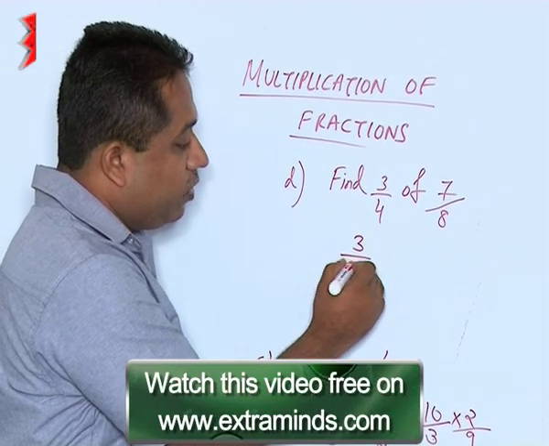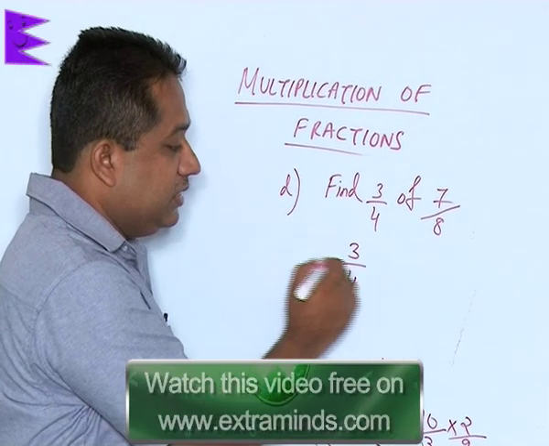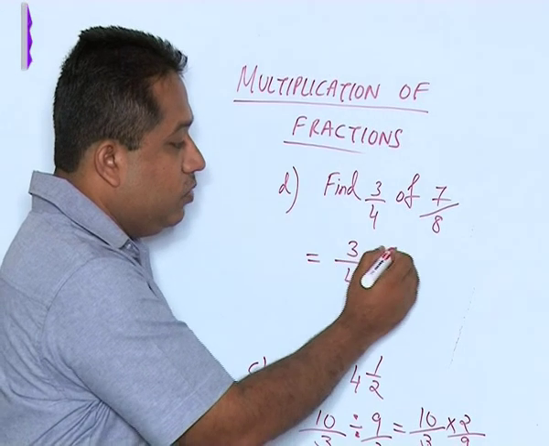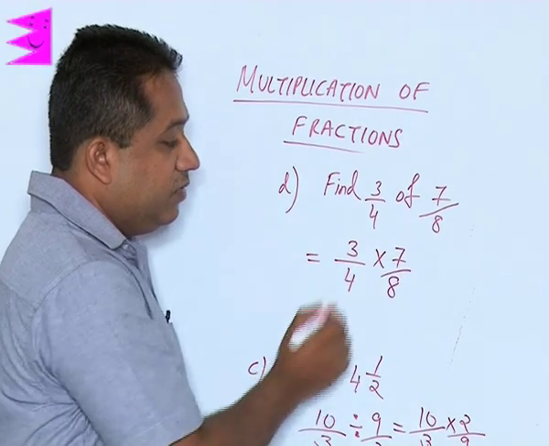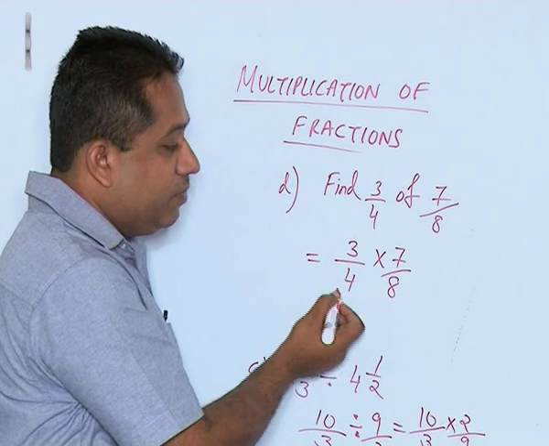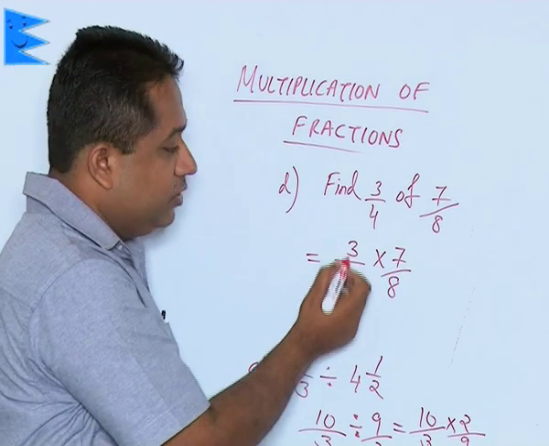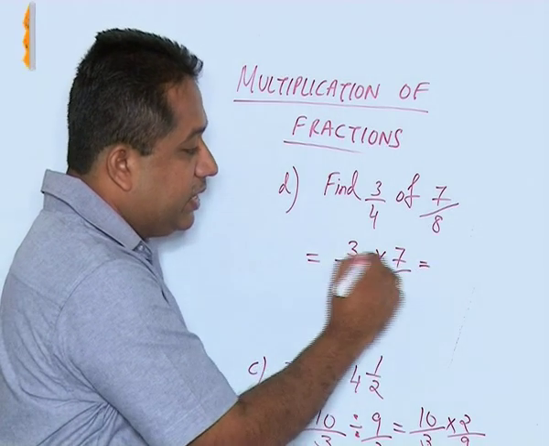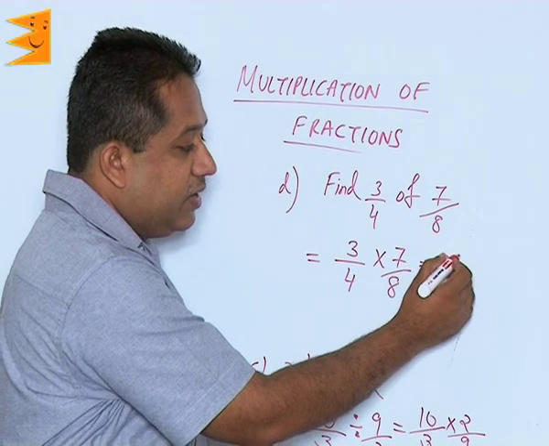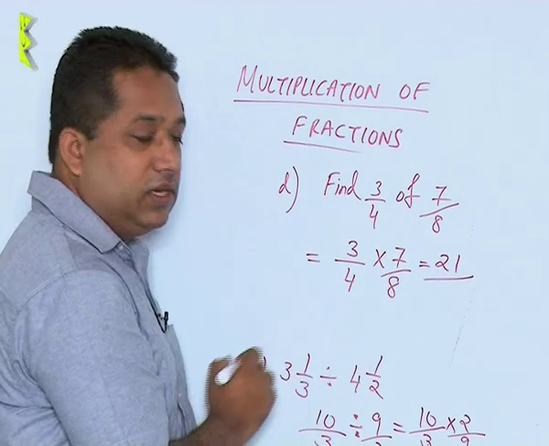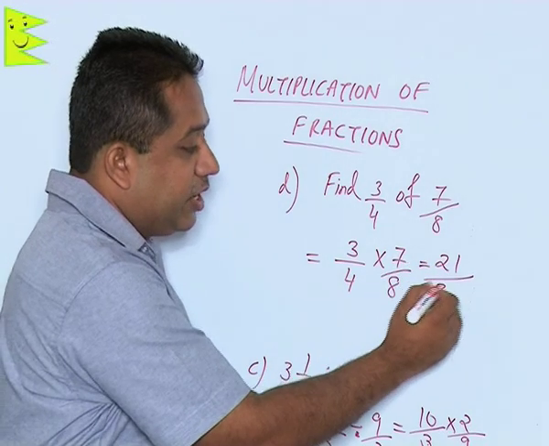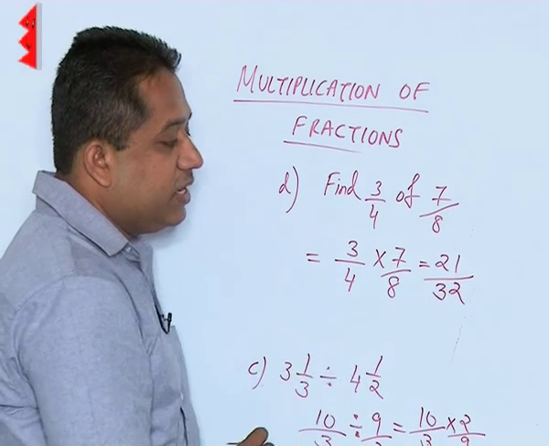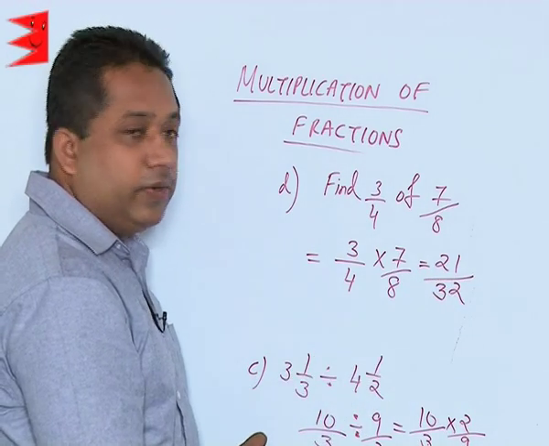So, 3 by 4 of 7 by 8 implies 3 by 4 into 7 upon 8. We see that numerator and denominator do not have any common factor. So, we simply multiply the numbers in the numerator, we get 3 into 7 as 21 and 4 into 8 as 32. So, we get a proper fraction here 21 upon 32.